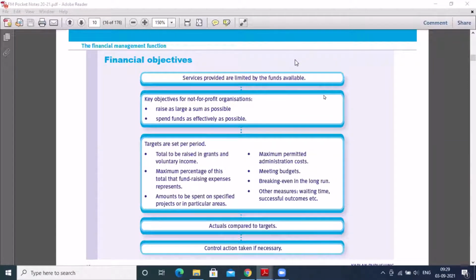Now break even in the long run means, if you can recollect, I already mentioned that in the initial phase, it means, especially for a not-for-profit organization, initially when they establish, they will create a specific fund.